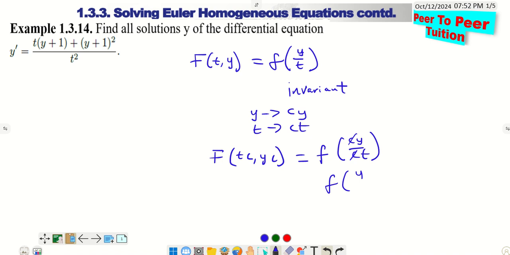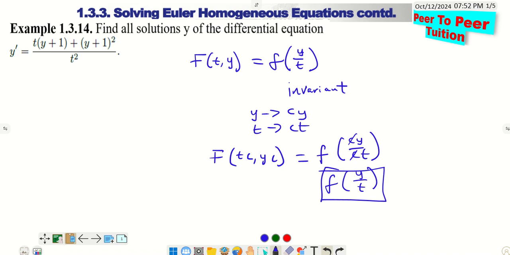Then we have y on t. So c and c cancel out, and we are getting back the original expression. So that is what we call invariant. Invariant means the original function will not change if t and y are transformed by a constant.